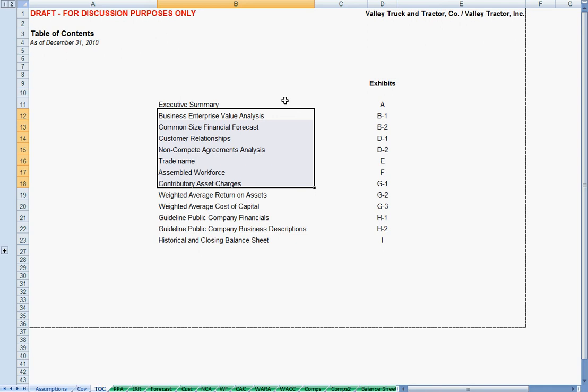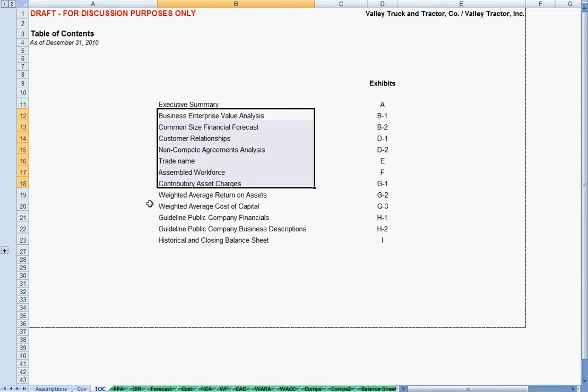It's the financial forecast. In this case, customer relationship and non-compete agreements, as well as trade name, are those intangibles that are being valued. Assembled workforce and contributor asset charges are additional calculations that are required in this model. The latter part of the model has to do with the compilation of background information.